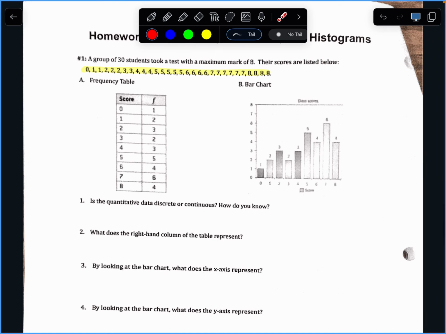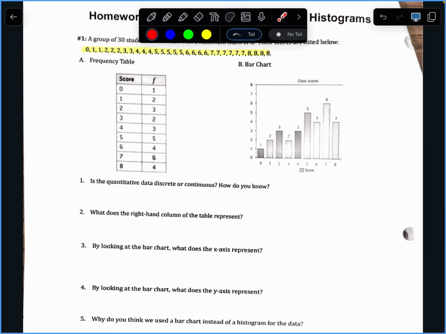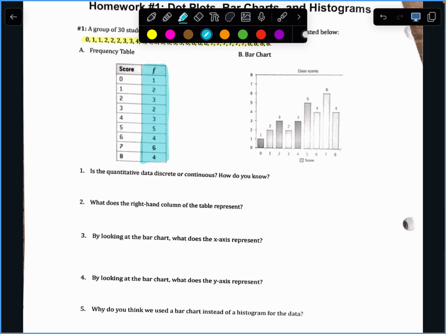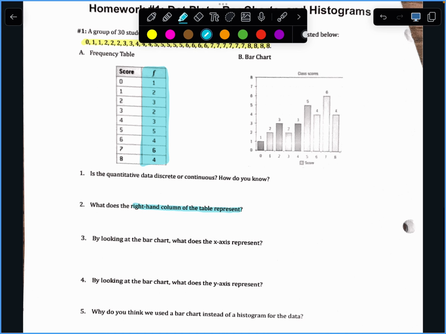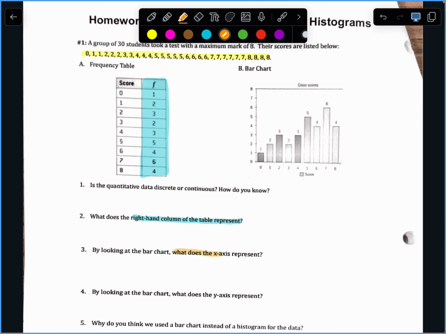I need you to determine if this data is discrete or continuous. I want you to tell me what the right-hand column of the table represents. So what does this represent? The F stands for frequency. By looking at the bar chart, what does the x-axis represent?